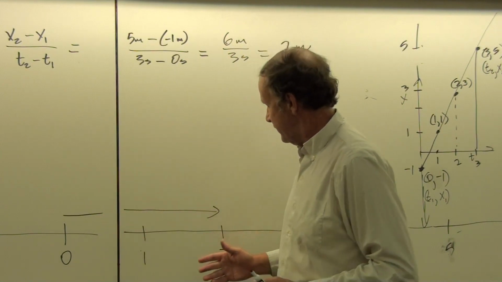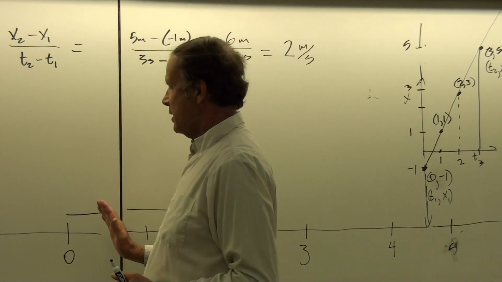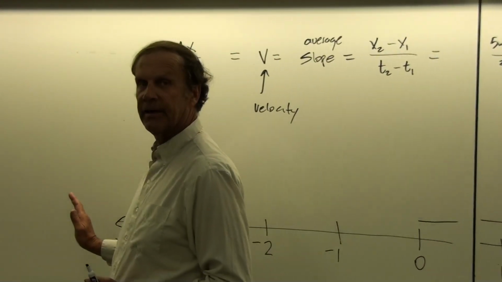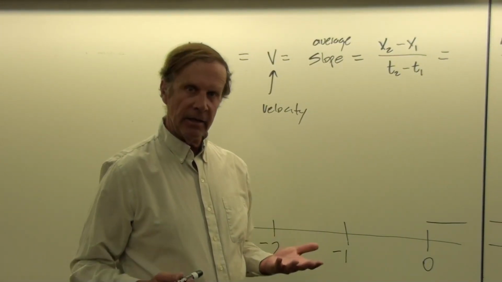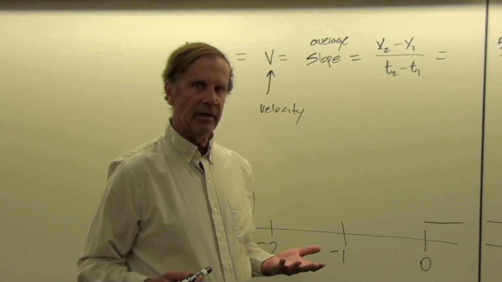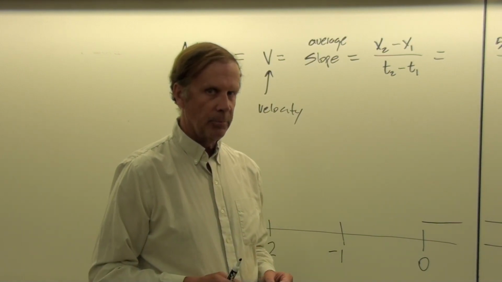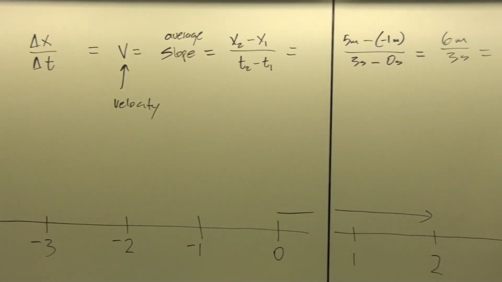So if I start moving this way, let's say I go from 3 to 1, and then from 1 to minus 1, and then from minus 1 to minus 3, that should just simply be a negative velocity that has the same magnitude of the slope, but a negative slope. And so let's see if that's how that works.